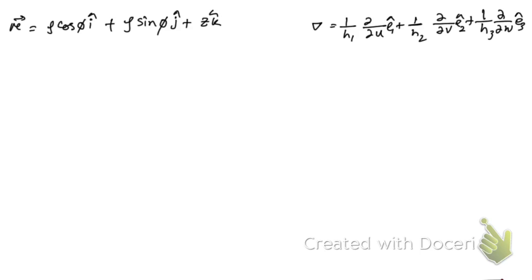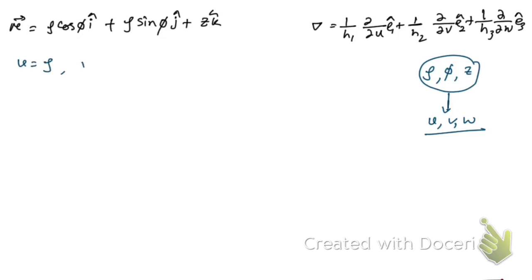Now you see, in this case we have considered the cylindrical coordinates rho, phi, and z. Here these three are u, v, and w. For us, u is equal to rho, v is equal to phi, and w is equal to z.